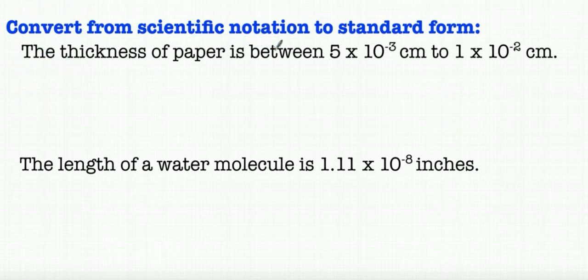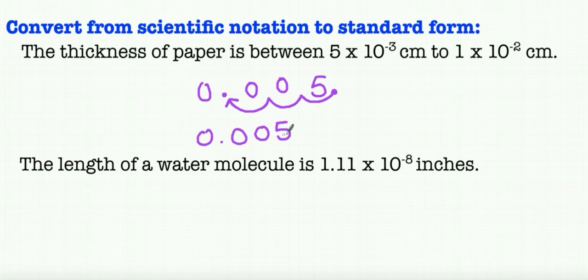Well, actually, we don't have to. So here, if we write out 5, because this is -3, we start with our decimal. And since it's negative, we're going to move to the left 3. So 1, 2, 3. Decimal goes here. 0, 0, 0. So we have 5 thousandths.